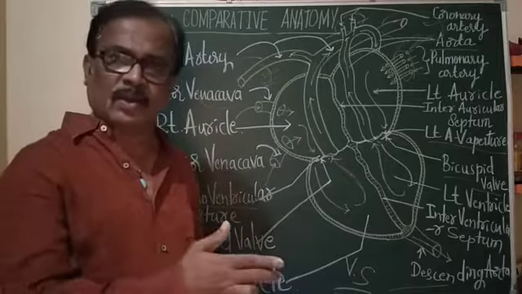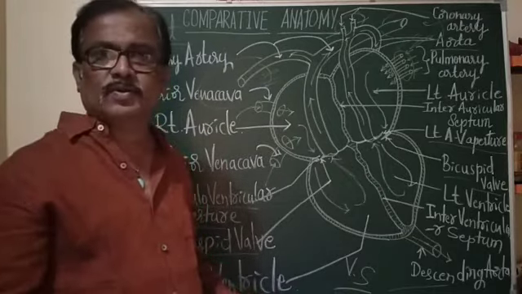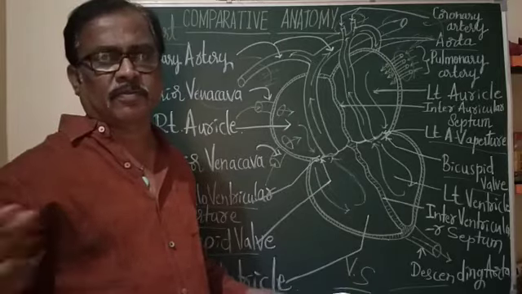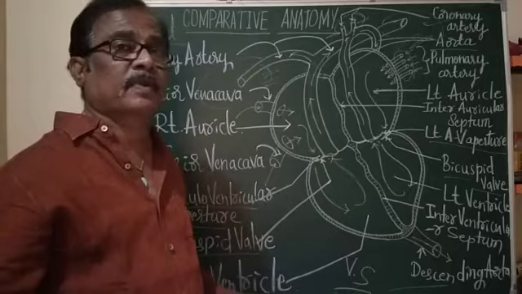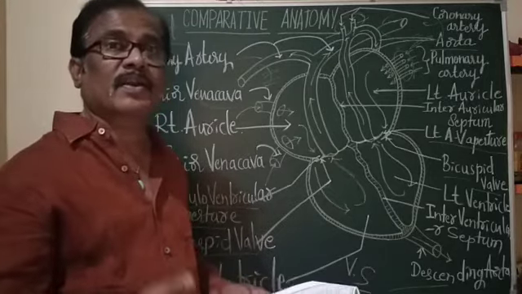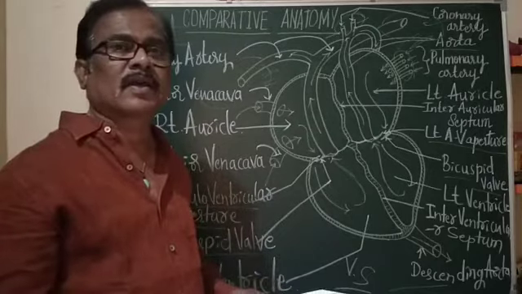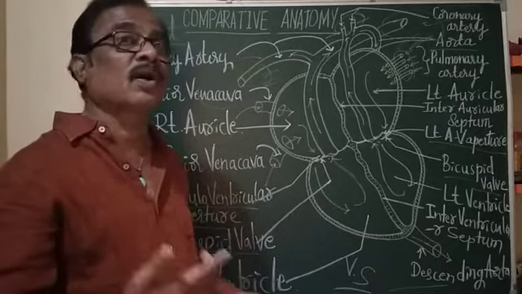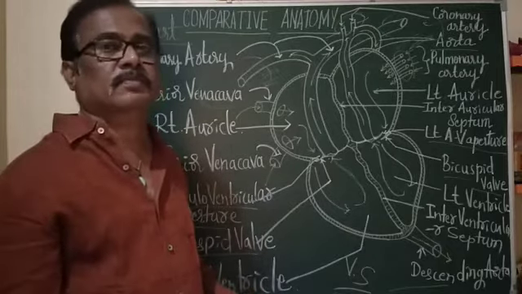So you can calculate for 1 hour, and for 24 hours, then for 1 year, then for 50, 60 years, like that. How many liters of blood is pumped? And you come to know the ability or activity of the heart, the capacity of the heart action, how much it works, from birth up to death.